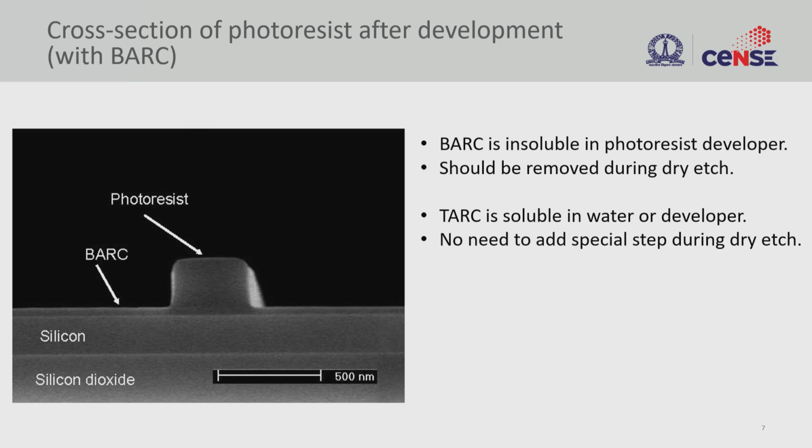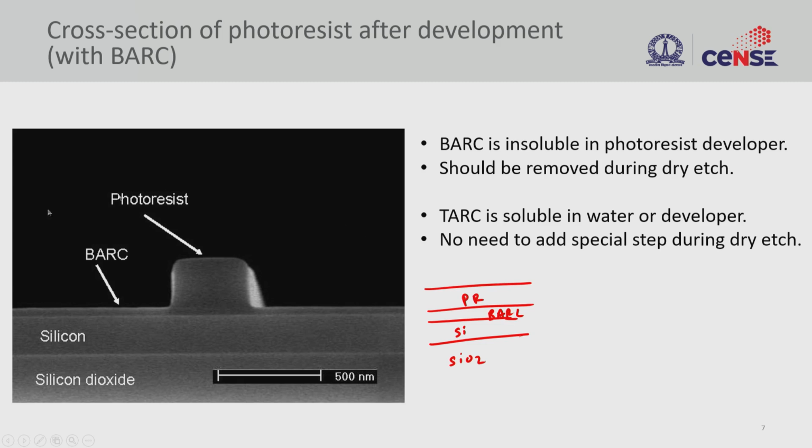In this case it is BARC, this is bottom anti-reflective coating, this is a cross section image of a substrate, right. This is a silicon on insulator substrate, and you had silicon dioxide, we coated with BARC, and then we had photoresist coated, and then we illuminated it, right.